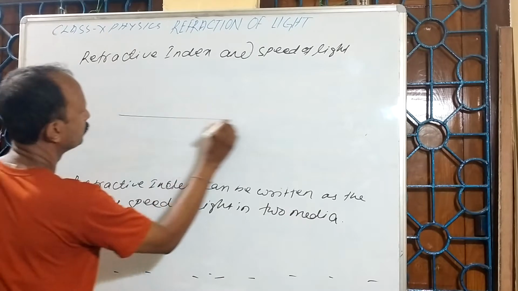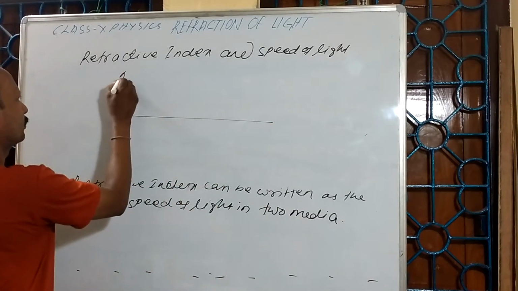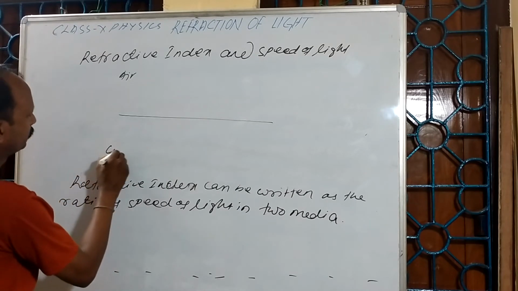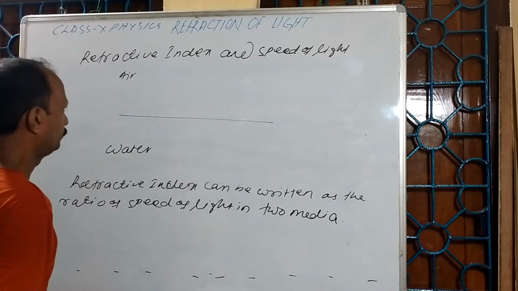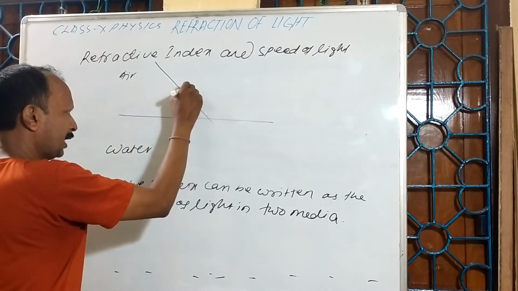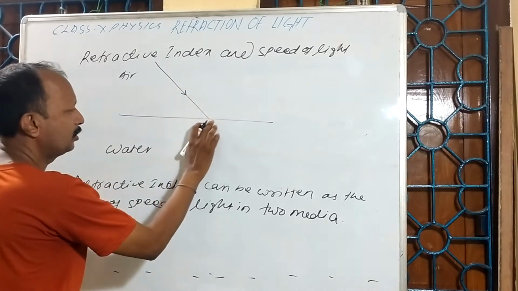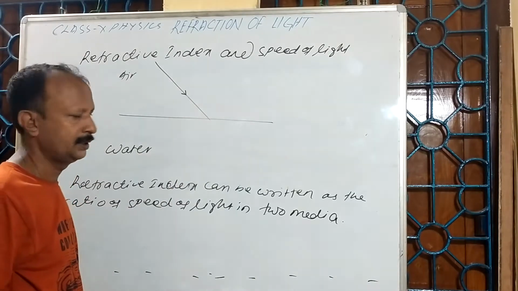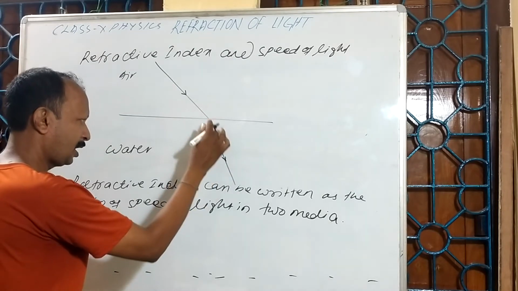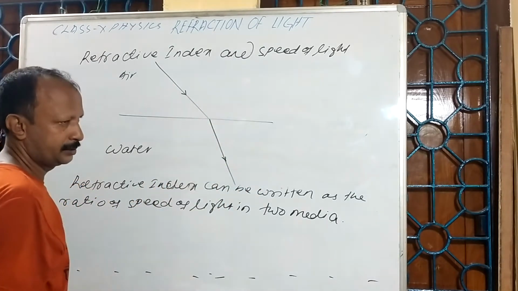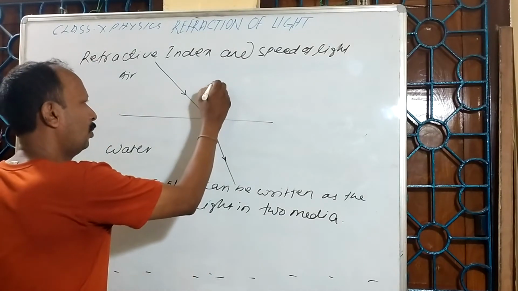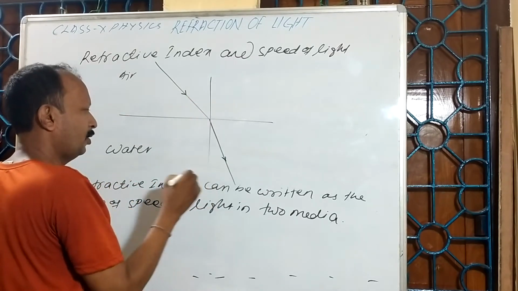Suppose this is air medium. This is water medium. A light ray coming through the air medium is incident obliquely on the surface of the water medium. There it starts bending. Instead of traveling straight, it bent because its speed changed. Now at this point of incidence, I am drawing the normal.